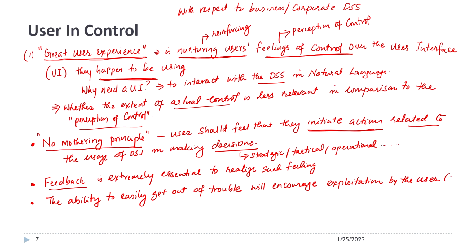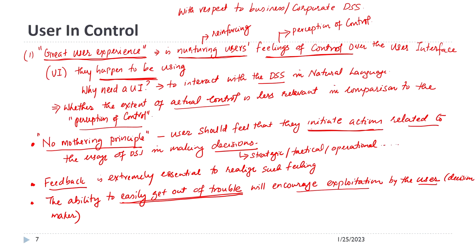The user here is the decision maker. So, the ability to easily get out of trouble: even if you make a mistake or get into trouble, you can easily get out of it.